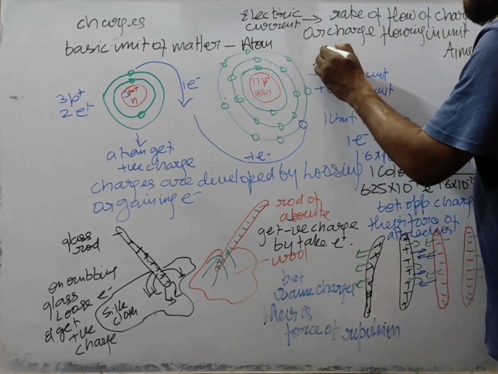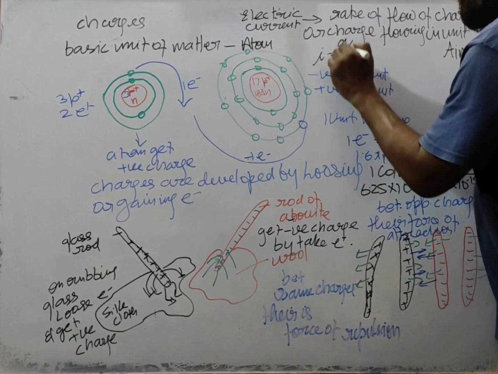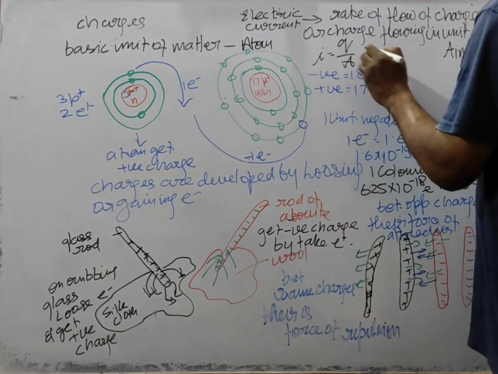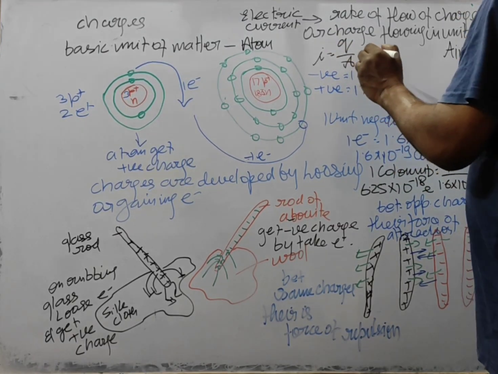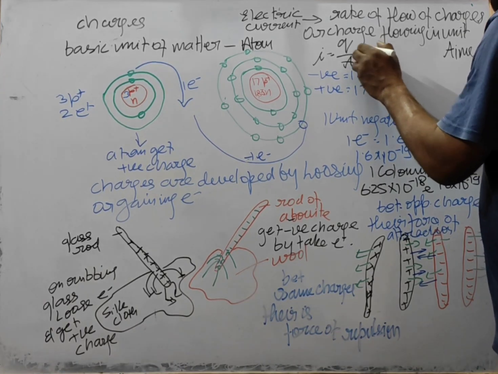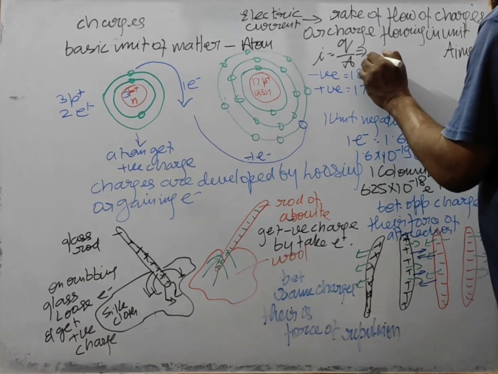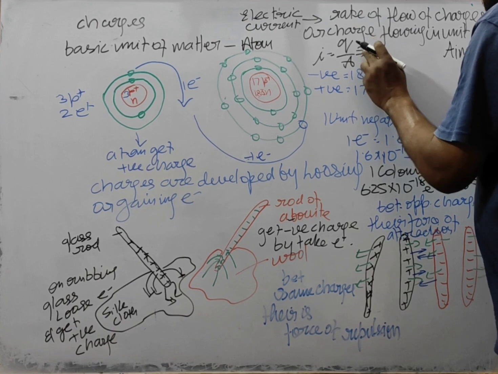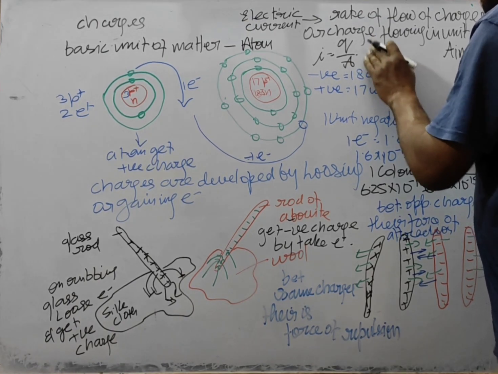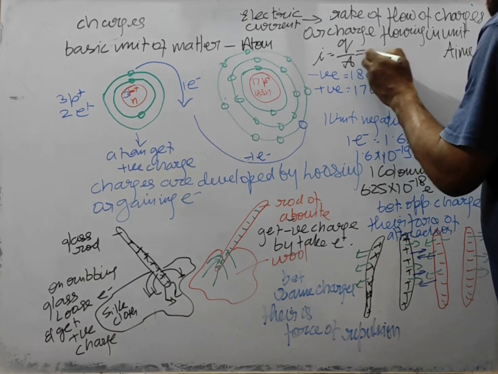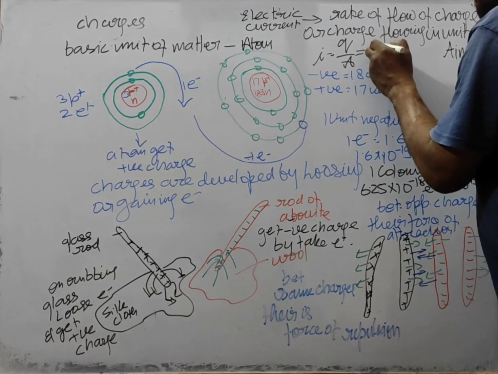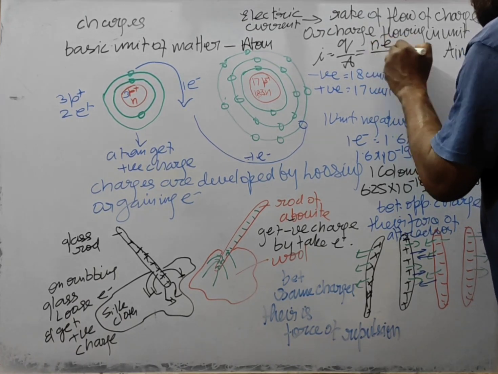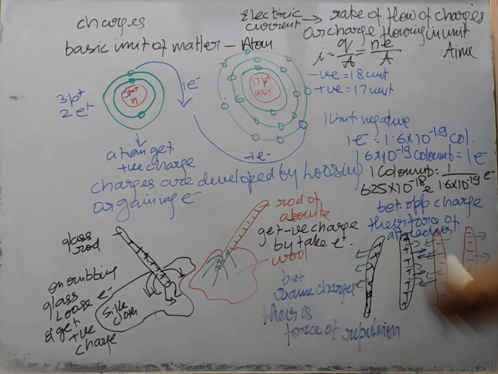So I is equal to Q upon T. Q is equal to N E, where N is the number of electrons and E is the charge on one electron.